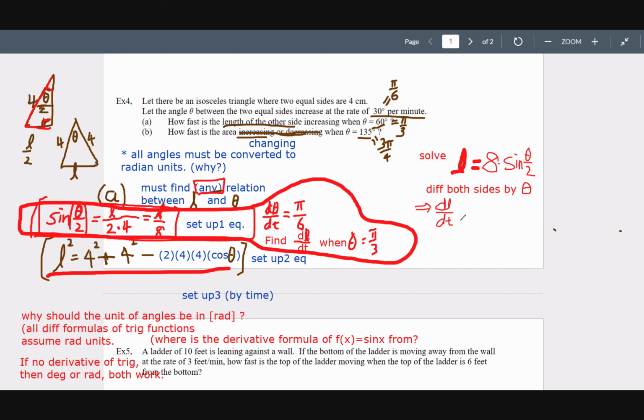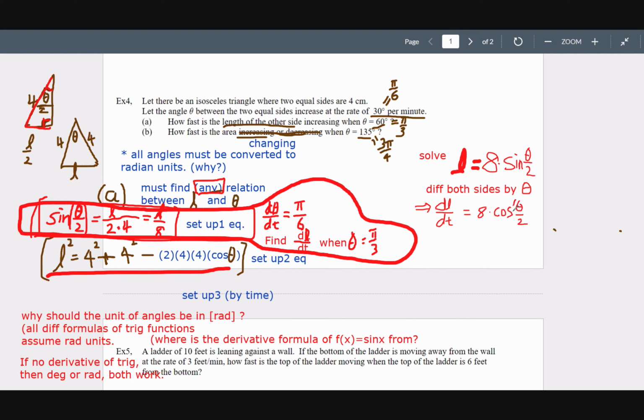equal to, then 8 is a constant product, so therefore 8 times the derivative of sine theta over 2 with respect to t. So now, if you want to differentiate sine of theta over 2 by theta first, we get cosine theta over 2.